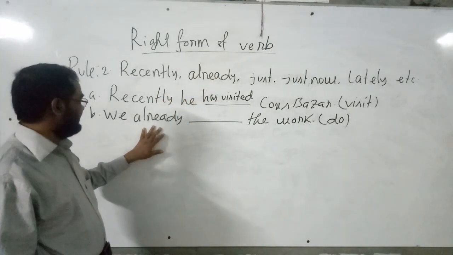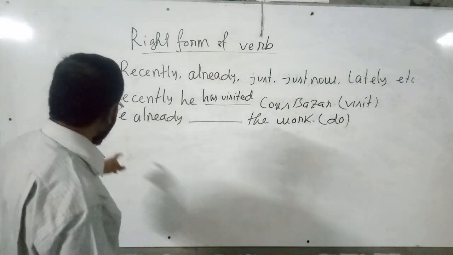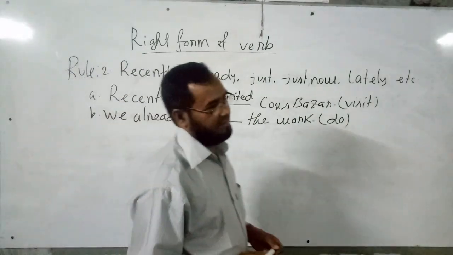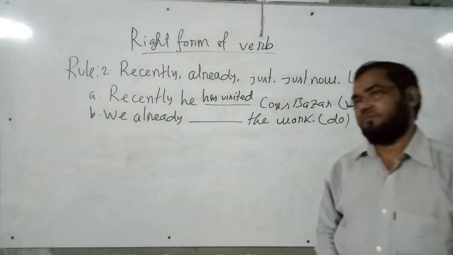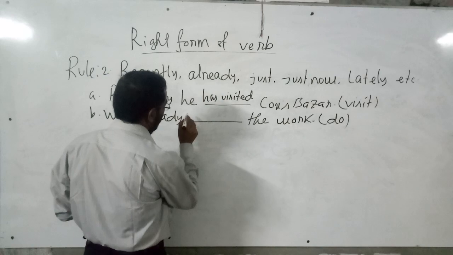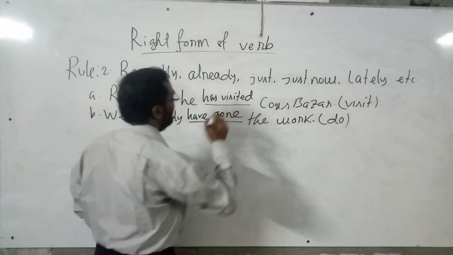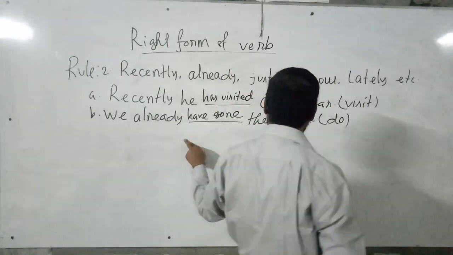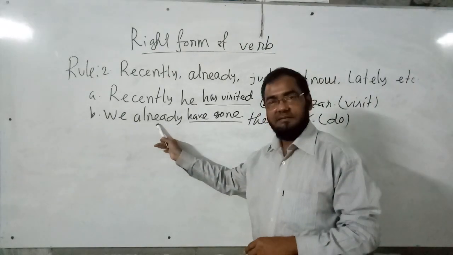So as we have to use "already," the verb will be present perfect tense, and here the subject is first person plural number. First person singular number is I, and first person plural number is we. So we have to use "have gone." Here the word "already" is given.